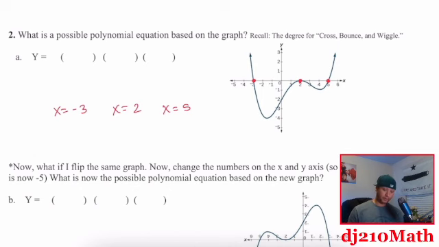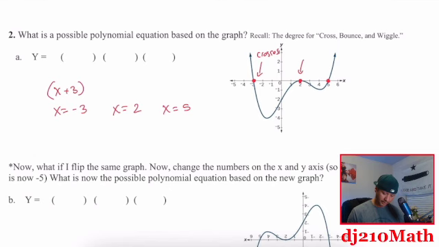All right. So at this root, it crosses. So that means when we turn this into a factor, this is going to be x plus 3, right?